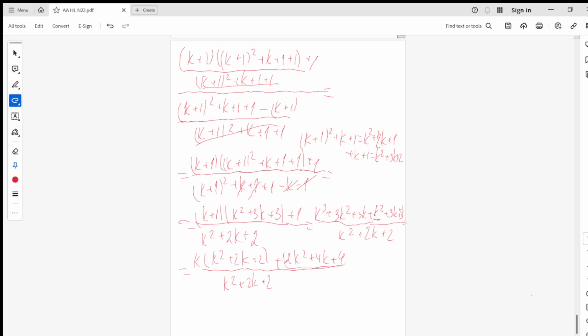And this is just 2 times k squared plus 2k plus 2. So we can just cancel k squared plus 2k plus 2, and this will leave us with k plus 2. So the argument of W k plus 1 is equal to arctangent of k plus 2, which is what we needed to show. So our proof is complete.